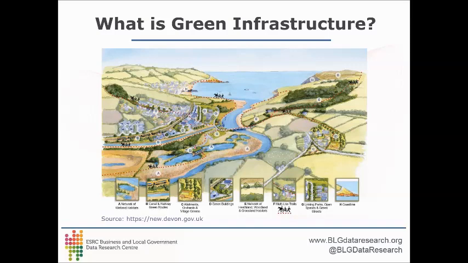So, for example, green infrastructure provides recreation, aesthetic value, habitats for wildlife, different sorts of environmental services such as flood defense or absorption of air pollution, climate regulation, and so forth. And there is a lot of research I'm not going to talk about today, which has found that in different ways, proximity and exposure to green infrastructure is important for health and well-being.